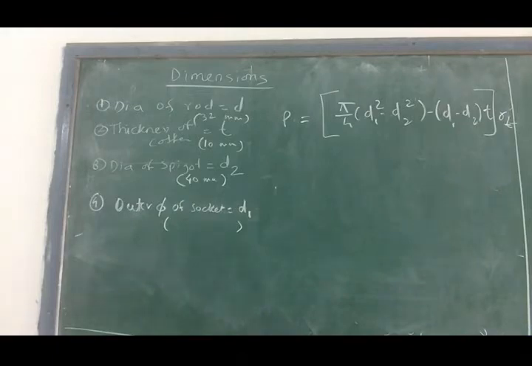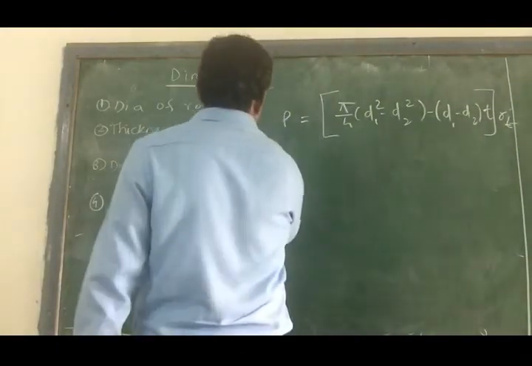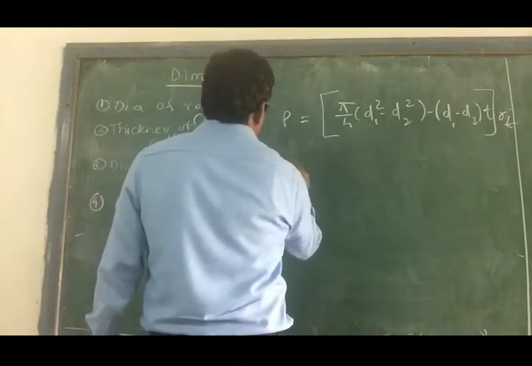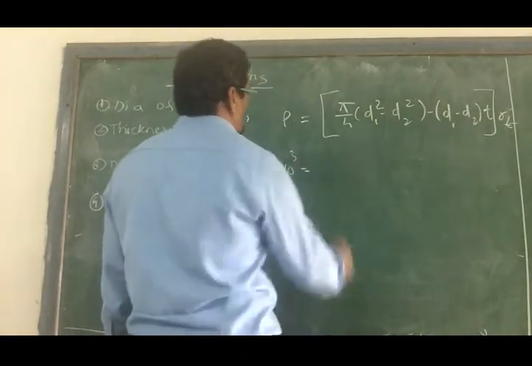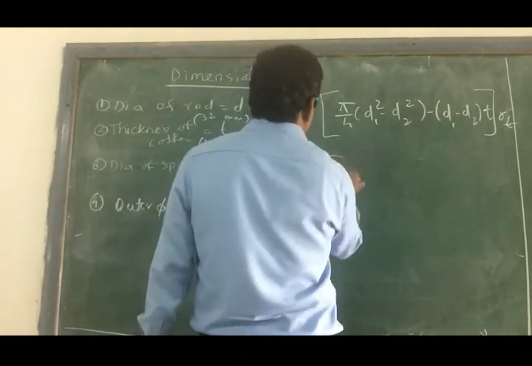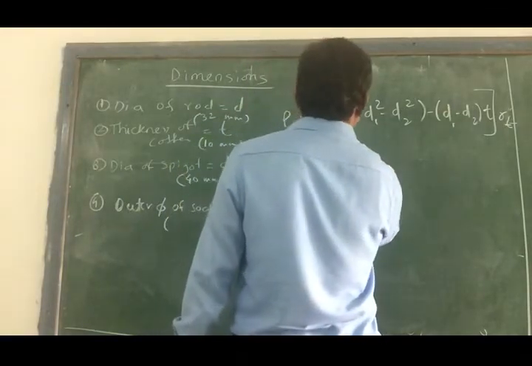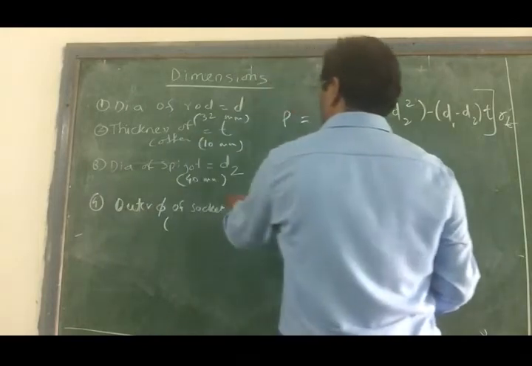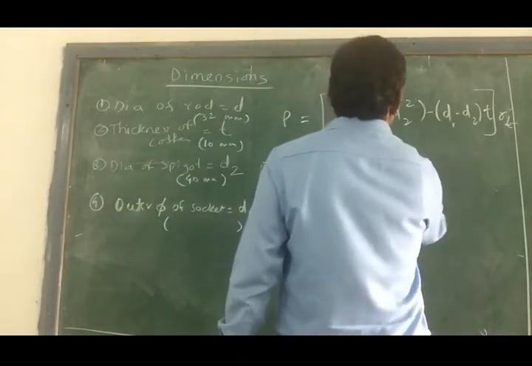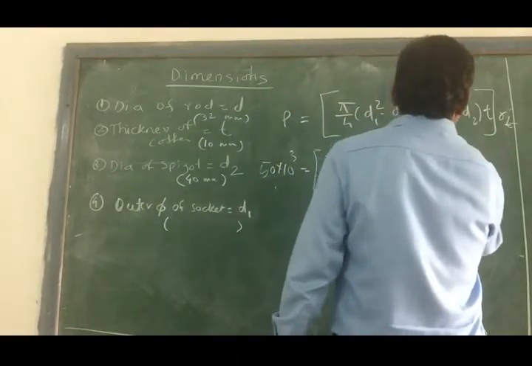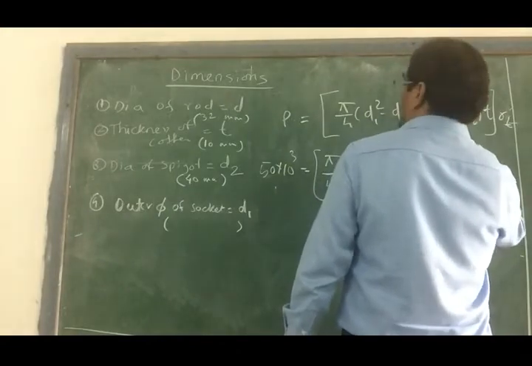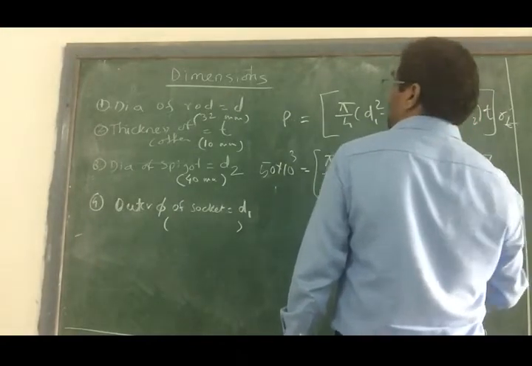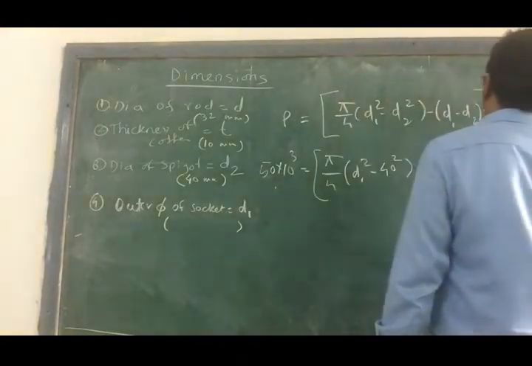Now in this equation, what are the knowns and what are the unknowns? Let's put it there. 50 into 10 raised to 3 is equal to pi by 4, D1 we have to calculate, D1 square minus D2 which we have calculated as 40 square, minus D1 minus 40, T is 10, into sigma T. What is the sigma T?